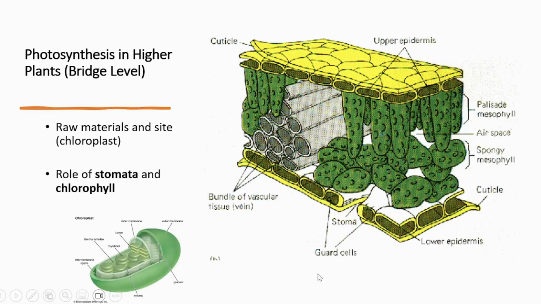What else do you need? You need water. Where do you get water from? We learned the entire process of water absorption by the root, how water moves up in the plant, a process called ascent of sap. Once it moves up, it keeps on going through the xylem of the root to the xylem of the stem to the xylem of the leaf. Where is the xylem of the leaf?